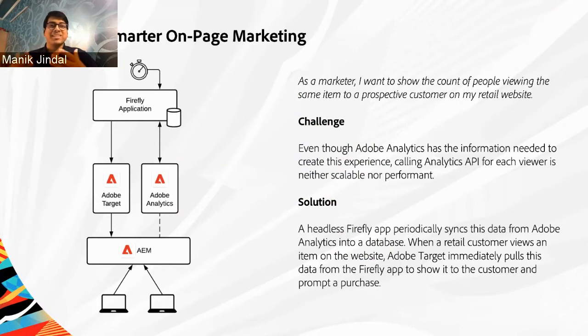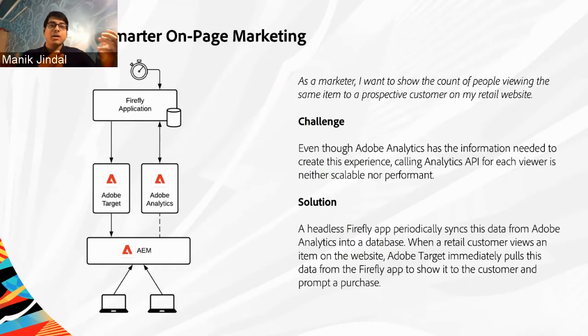People are always afraid of this item running out of stock. So what the retail customer wanted to do is show how many other folks are viewing this and prompt a purchase from the customer. Now, the first step is to, of course, find out where this data actually is. And of course, this data would be in Adobe Analytics because your website is hooked up to Analytics.